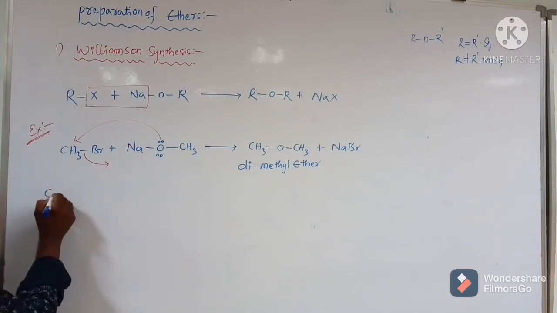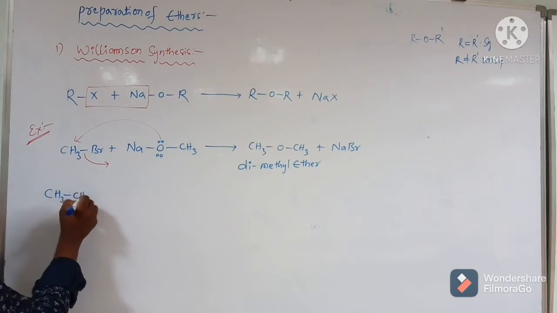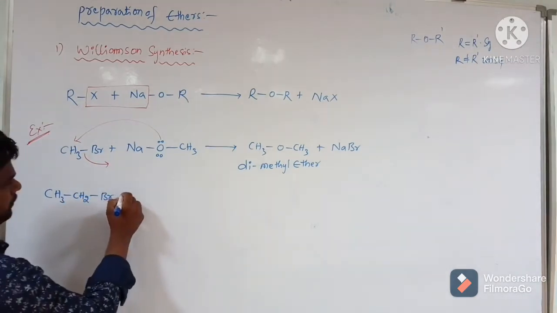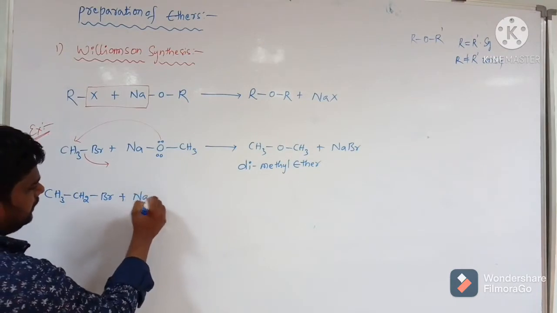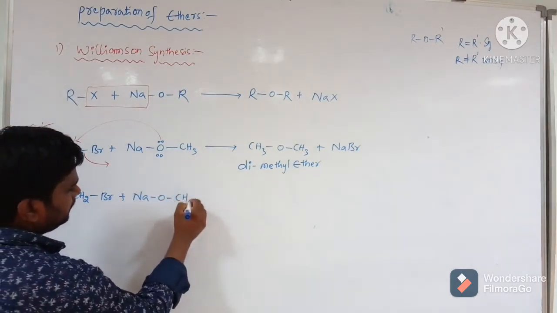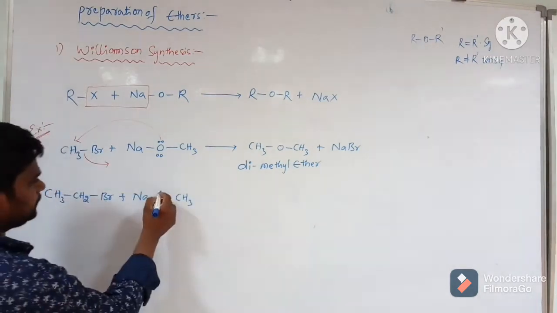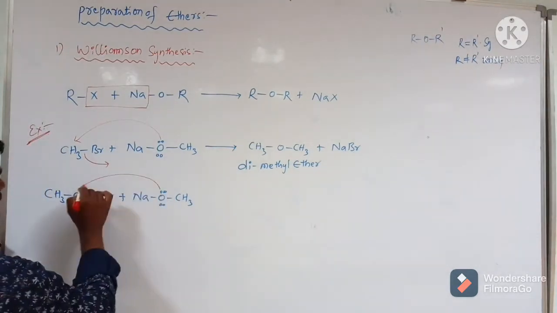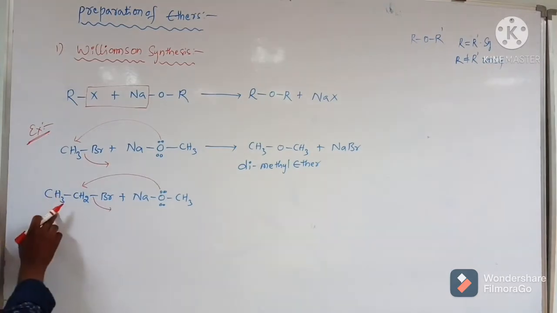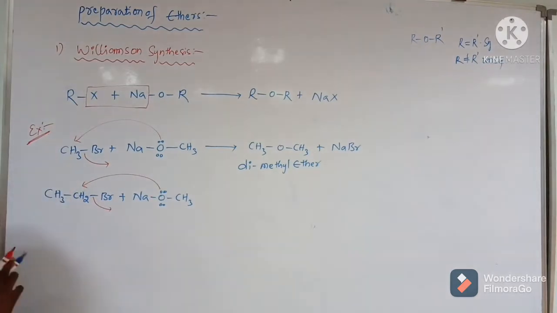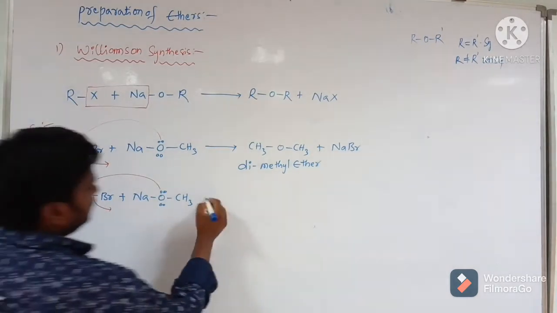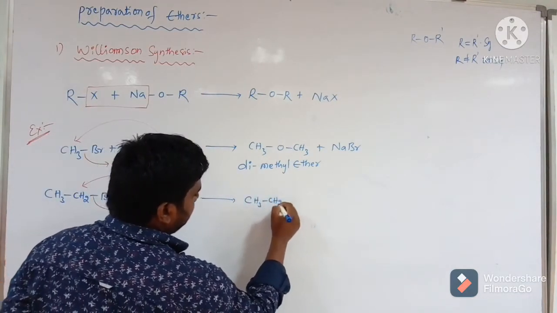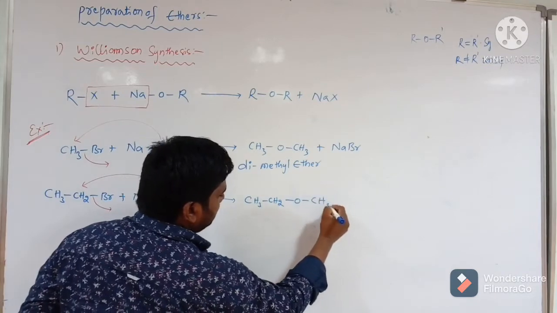Unsymmetrical ether: CH3CH2Br plus NaOCH3. Same type of mechanism, because this is a primary alkyl halide, and this is also primary. We get CH3CH2OCH3 plus NaBr.